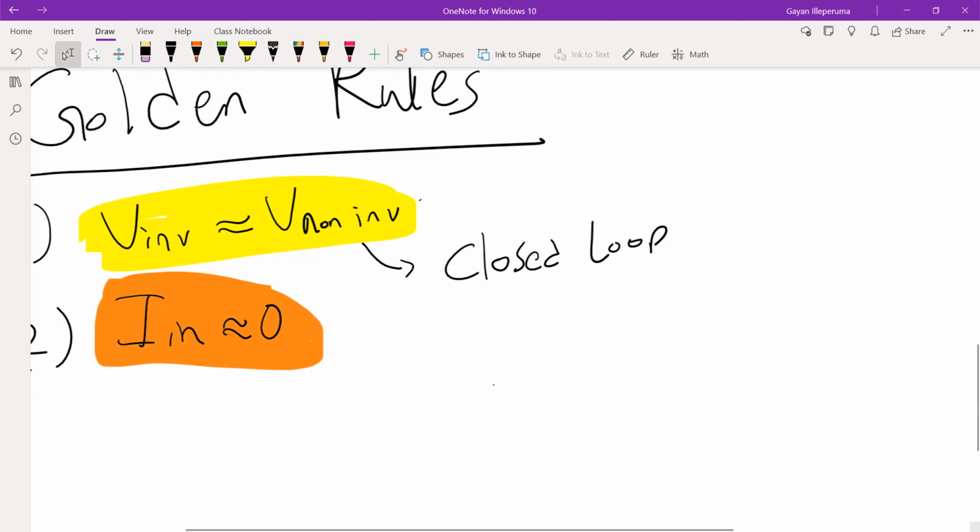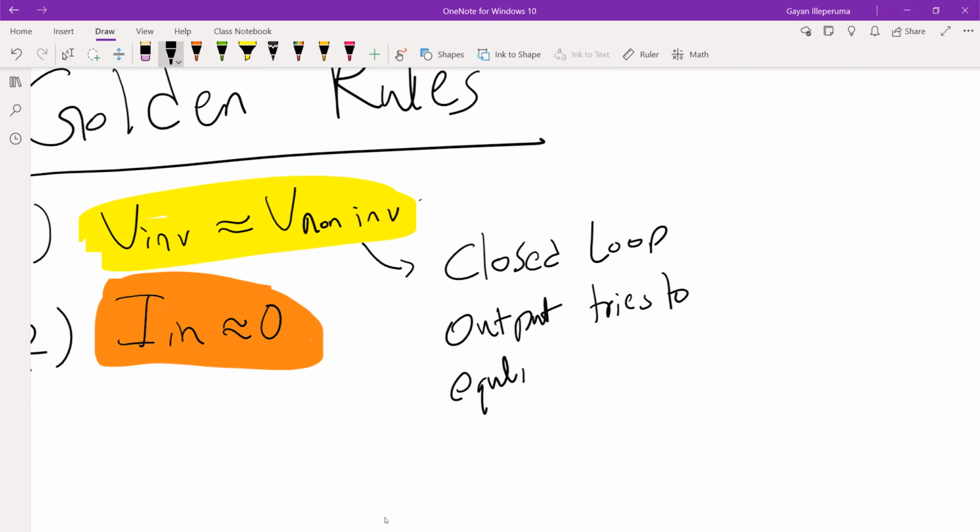That's the first thing. This particular thing happens only in the closed loop arrangement. Then the output tries to equalize the inverting and the non-inverting. That means the output tries to make certain changes such that the difference between the voltage between the inputs is small.